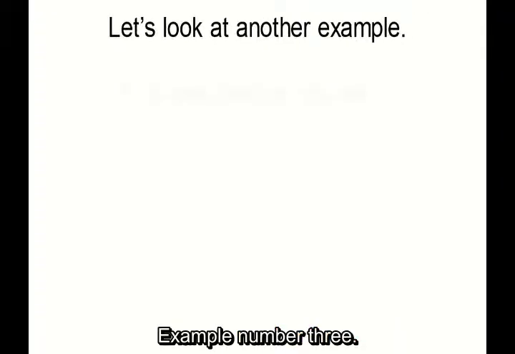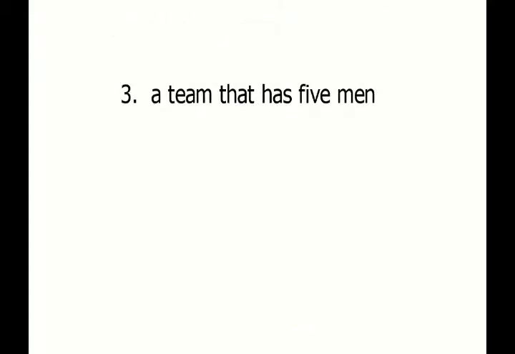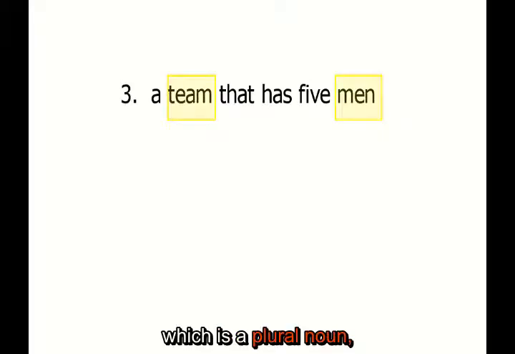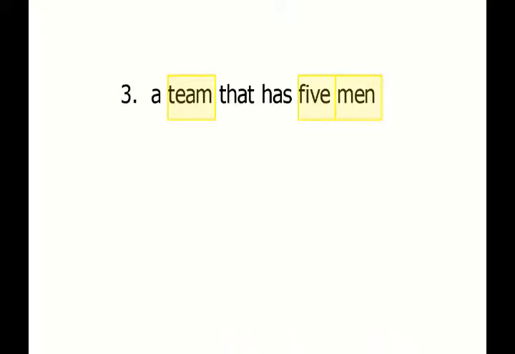Example number 3. A team that has 5 men. In this example, we have 3 nouns. Team, men, which is a plural noun, and the number 5, which is also considered a noun, a number. So we have a rule.